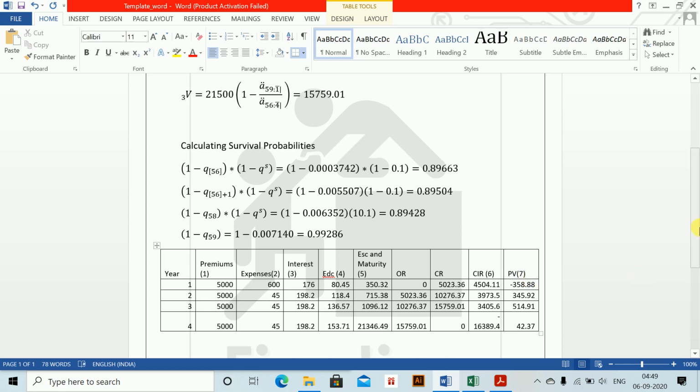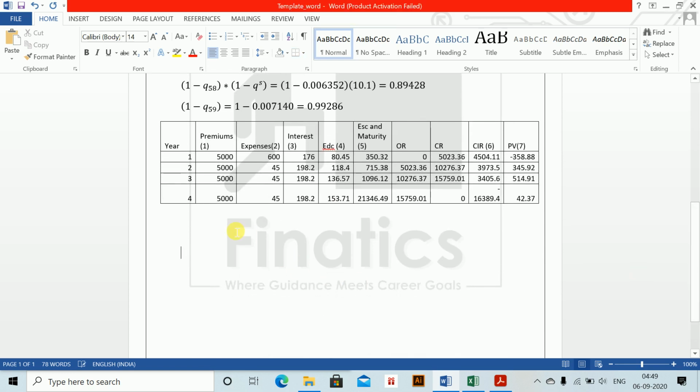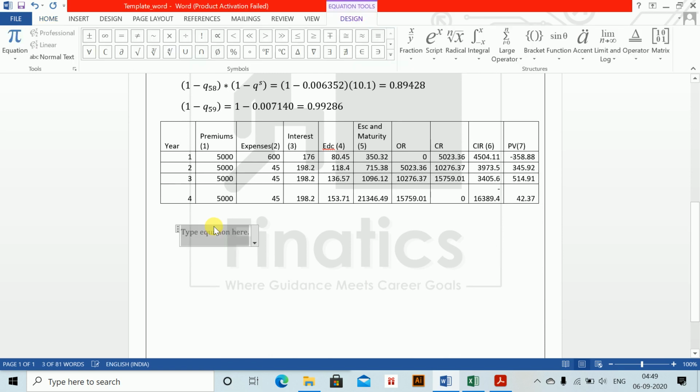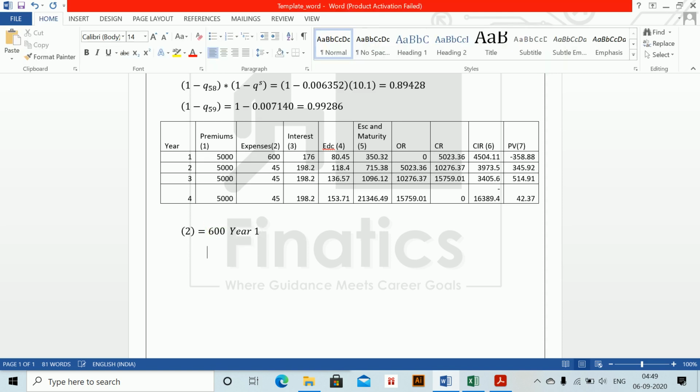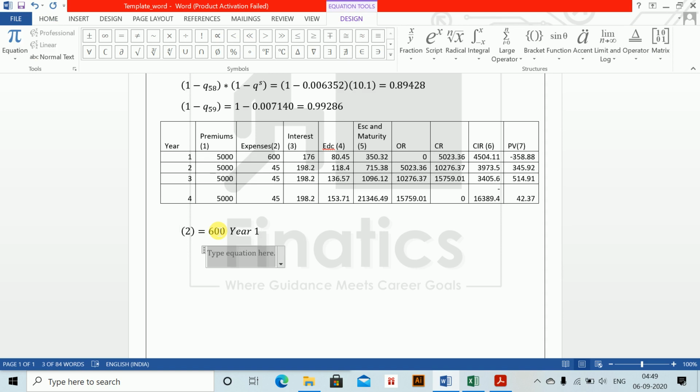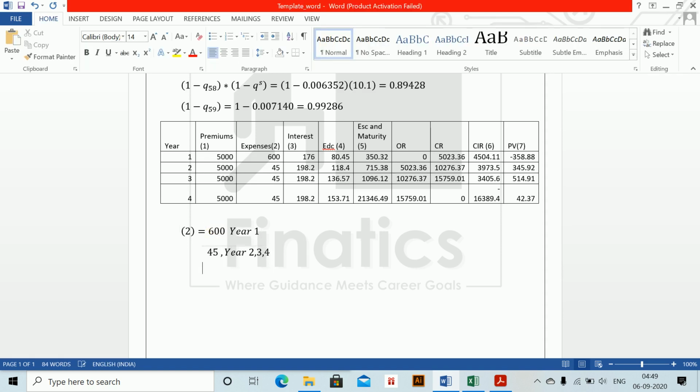Okay, just name these, and now we'll show our calculations. So column 2 is equal to 600 for year 1 and 45 for year 2, 3 and 4.